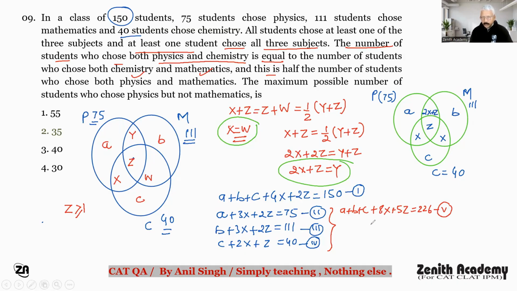If I subtract equation number 1 from equation number 5, then A, B, C will cancel and 8X minus 4X will be 4X, and 5Z minus 2Z will be 3Z, and 226 minus 150 is 76. This is the equation.